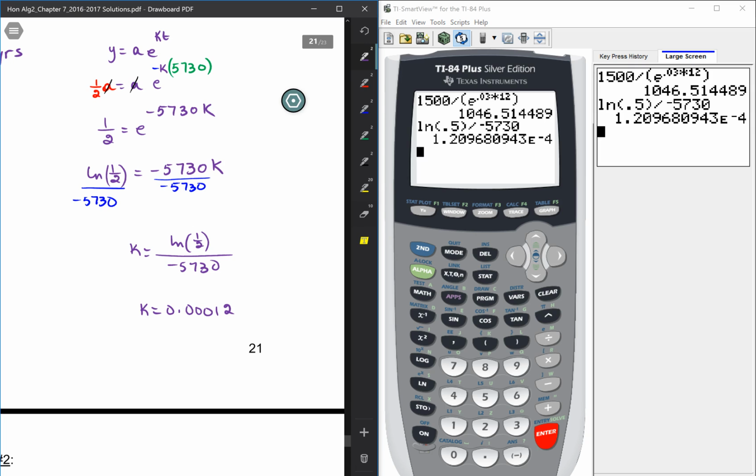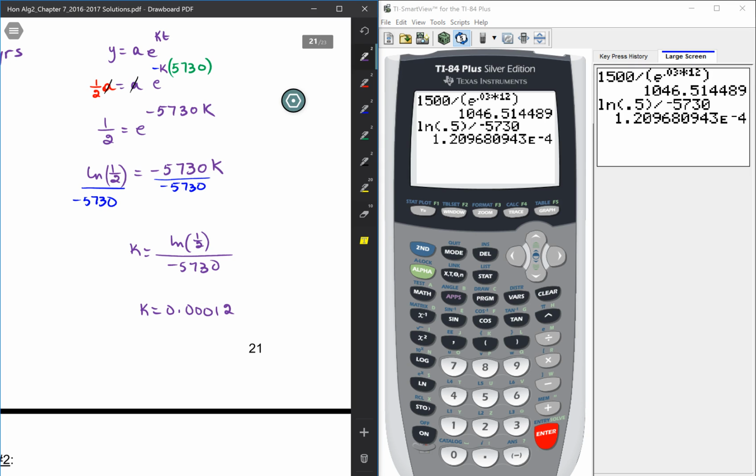Okay? How do you know this? Because it's scientific notation. So this is 1.209 times 10 to the negative 4. Times 10 to the negative 4 means you have to move the decimal point 4 times to the left. 1, 2, 3, 4.